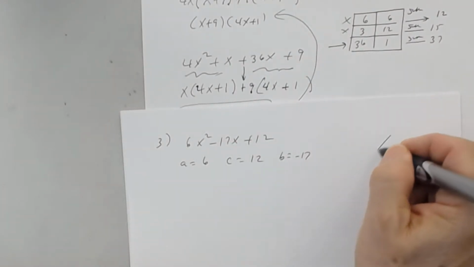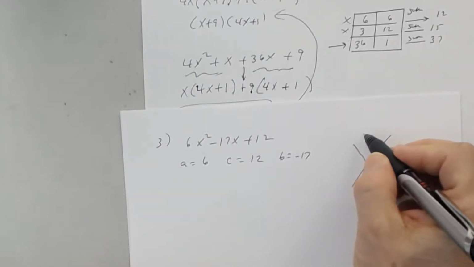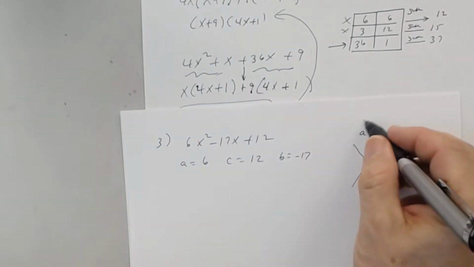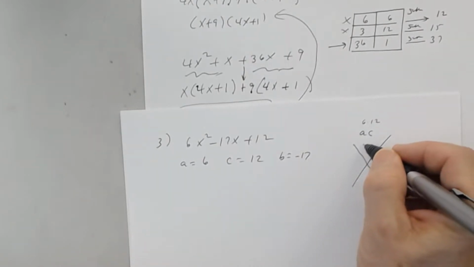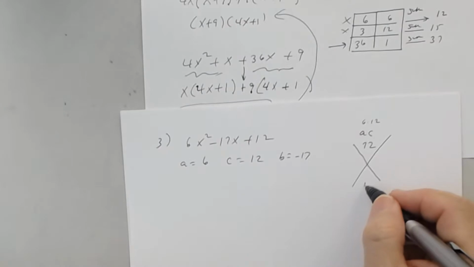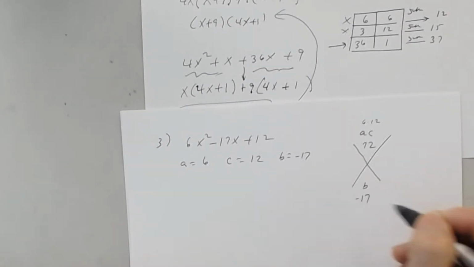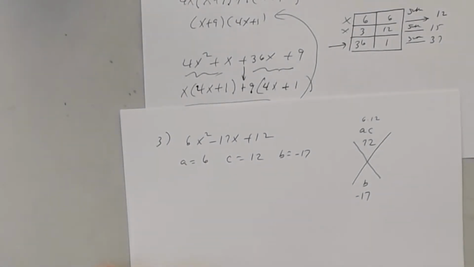Now, with the AC method, I want to find two numbers whose product is AC. 6 times 12, and that's 72. And whose sum is B, which in this case is negative 17. You may need a calculator to help you with those pairs of numbers.